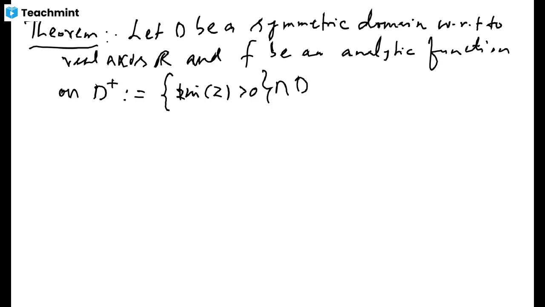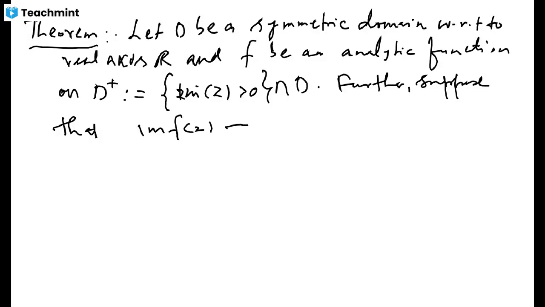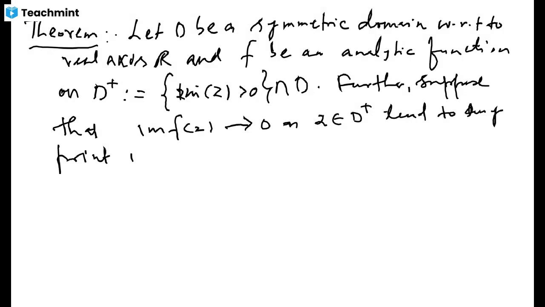And further, suppose that the imaginary part of this function f(z) tends to 0 whenever the points from this D plus part tend to any point in the real segment part in the domain D.